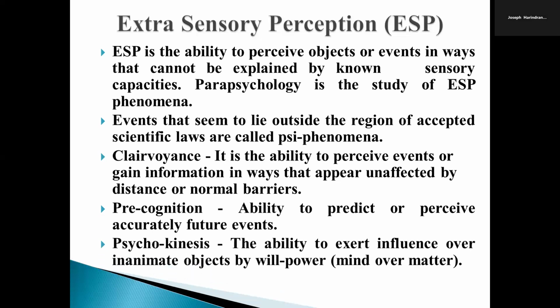Psychokinesis is the ability to exert influence over inanimate objects by willpower. This is called mind over matter. It is a very rare characteristic of ESP, because trying to control an inanimate object by willpower or mind power may require some extra training.